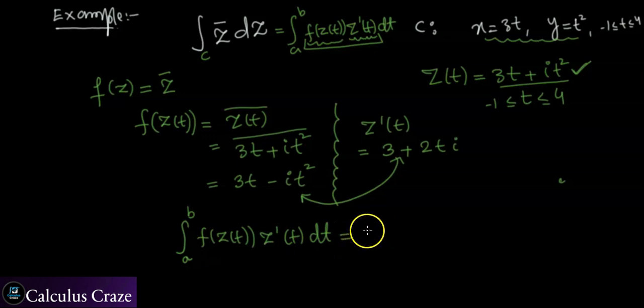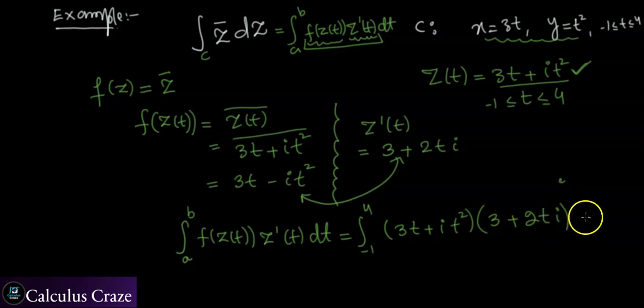The limits are from -1 to 4, and my f of z of t is 3t minus iota times t square, and I have to multiply this with 3 plus 2t iota dt.